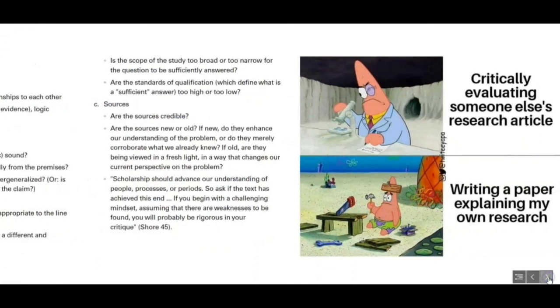So when you're evaluating your sources, ask, are the sources new or old? If new, do they enhance our understanding of the problem, or do they merely corroborate what we already knew? If old, are they being viewed in a fresh light in a way that changes our current perspective on the problem, or are they not adding anything of value? So these are also questions that you can ask when you're using or referencing sources.